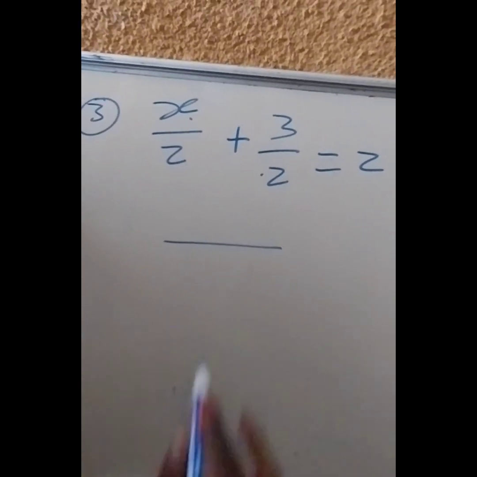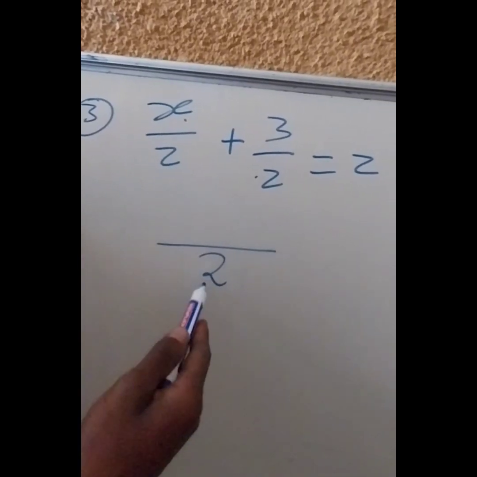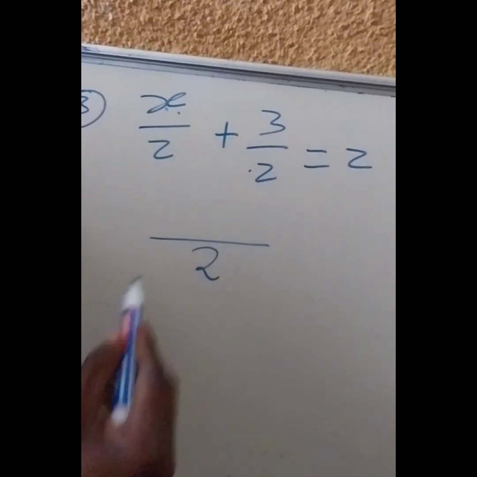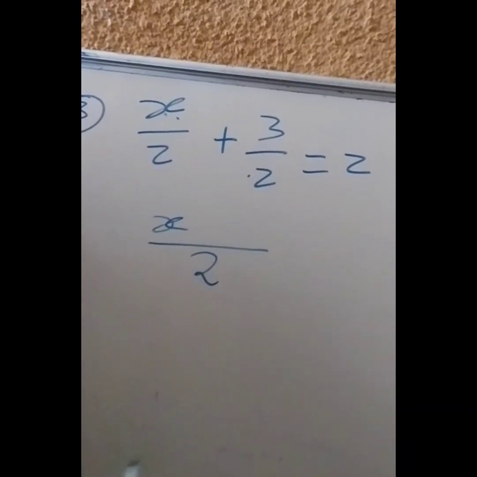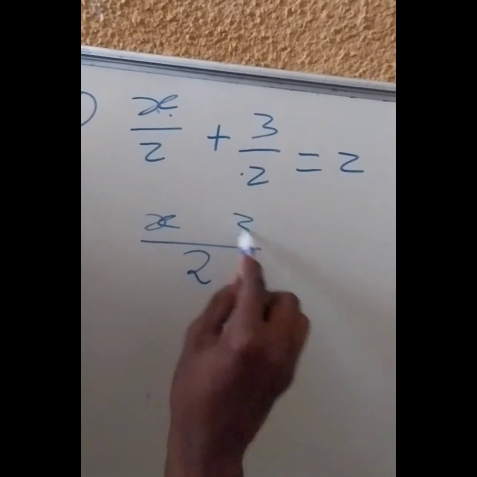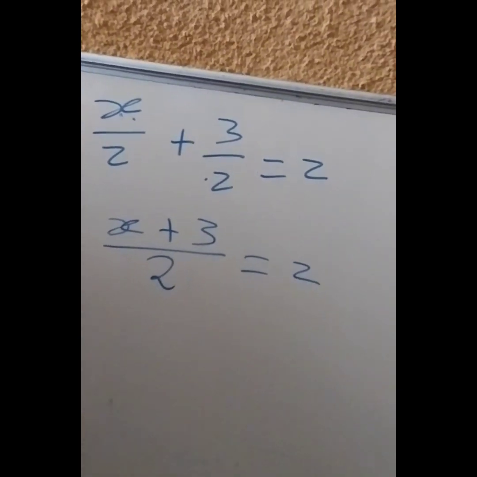Our lowest common denominator is 2. Therefore, 2 into 2 goes once, and then 1 multiplied by x is x. Therefore, 2 into 2 goes once. 1 multiplied by 3 is 3. We put an addition sign in between. If you're going to have 2.